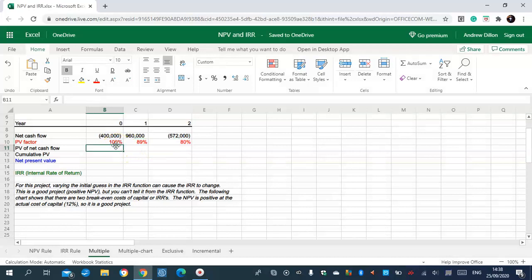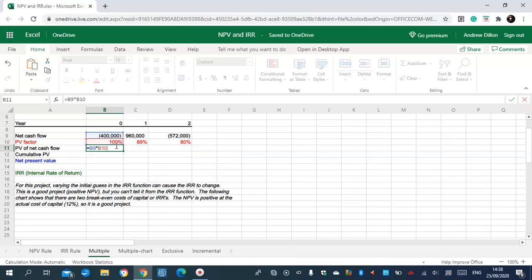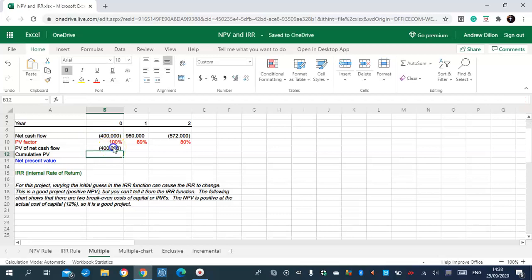Present value of net cash flow: net cash flow multiplied by present value factor. 400,000, 857, 143, 455,995.